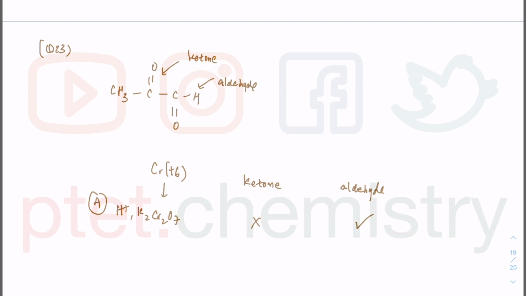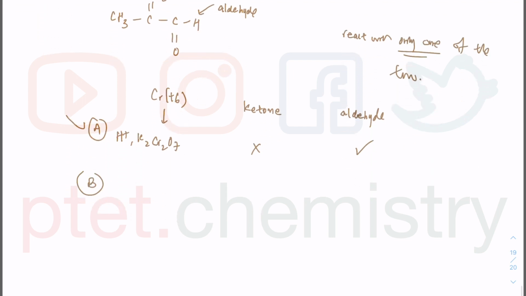This question asks for a reagent that reacts with only one of the two functional groups. We've already got our answer, but let me just go through very quickly what kind of reactivity the other reagents would undergo. Okay, 2,4-DNPH refers to when you have 1, 2, so it's NO2 there, 3 and then 4, so you have another NO2.